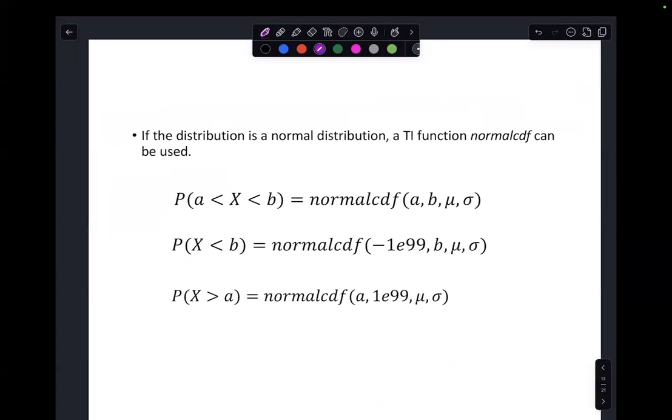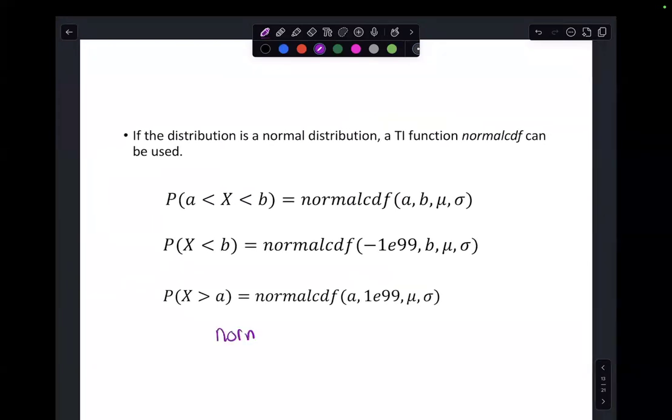You would just do normal CDF, the lower bound, upper bound, then use the actual mean and the actual standard deviation, which probably are not going to be 0 and 1. So you can just use your data values as long as you also use their mean and their standard deviation.